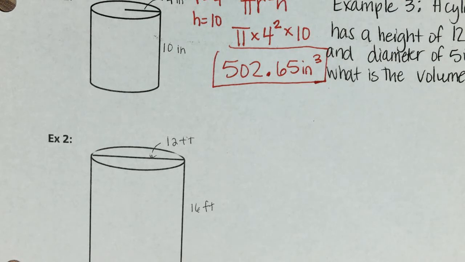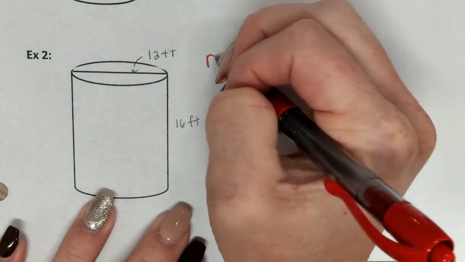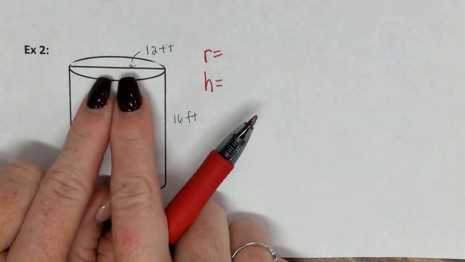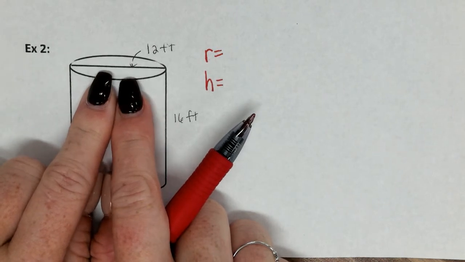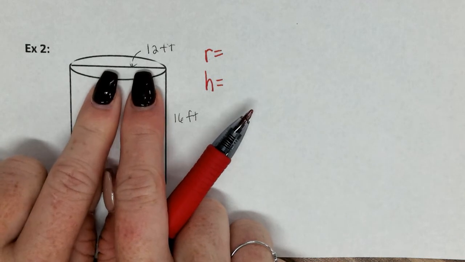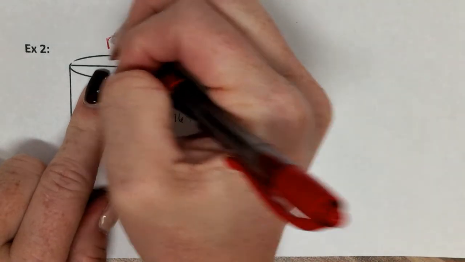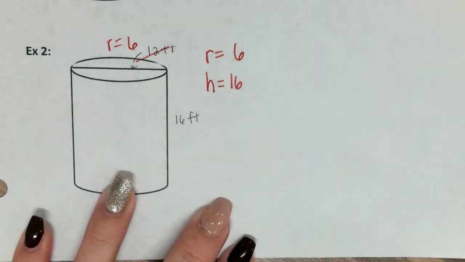All right, let's look at the next example. This is a cylinder. I need a radius and a height. Where does the radius have to come from? The circle. So look at the circle. Did they give you a radius? No. What did they give you? Diameter, because it goes all the way across. So if they give you a diameter, you divide by 2. So 12 divided by 2 is 6. My radius is 6. What is the height of this cylinder? 16.